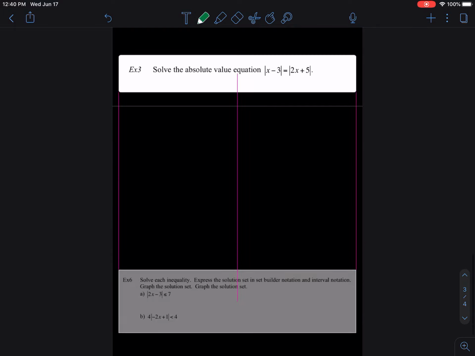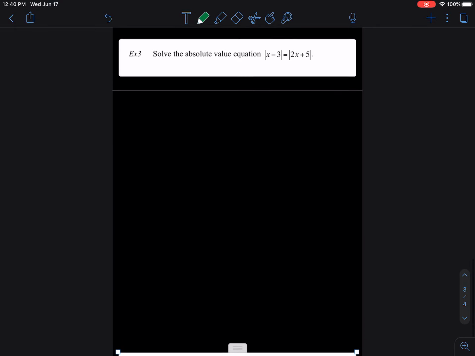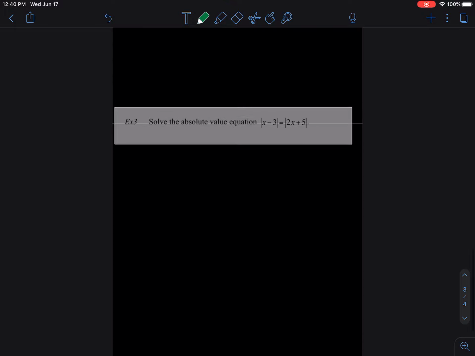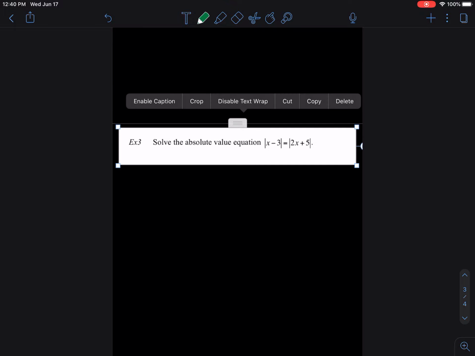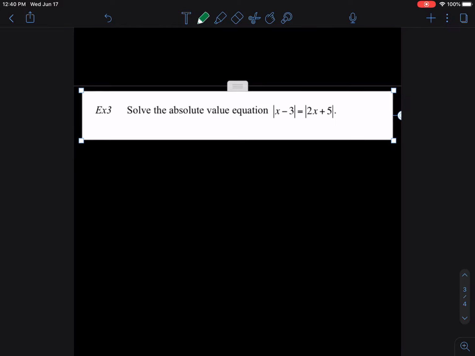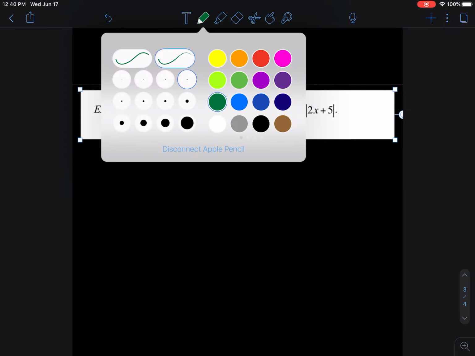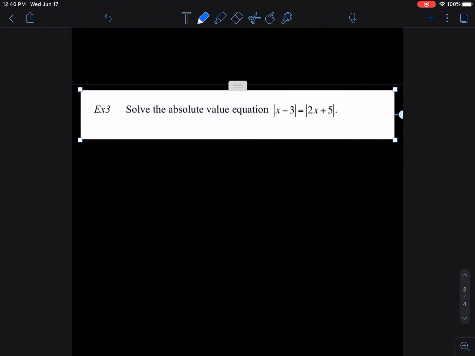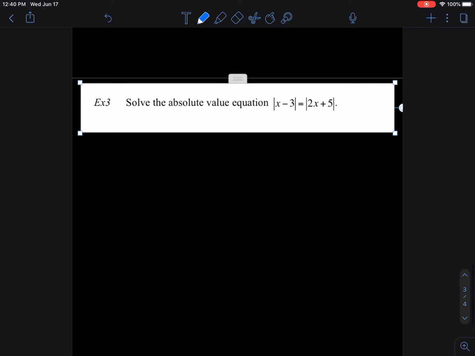You may see some examples where the equation involves double absolute value notation. Well, this looks complicated, but it's not really anything different from what we just learned. So if you have the absolute value of x minus 3 equal to the absolute value of x plus 5, we can have this scenario here.